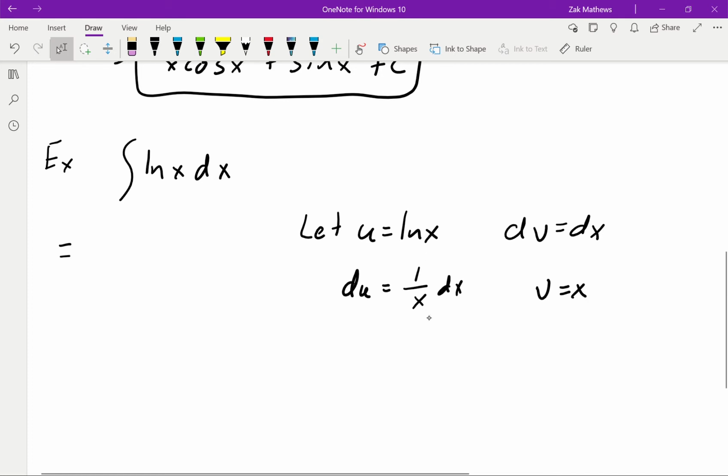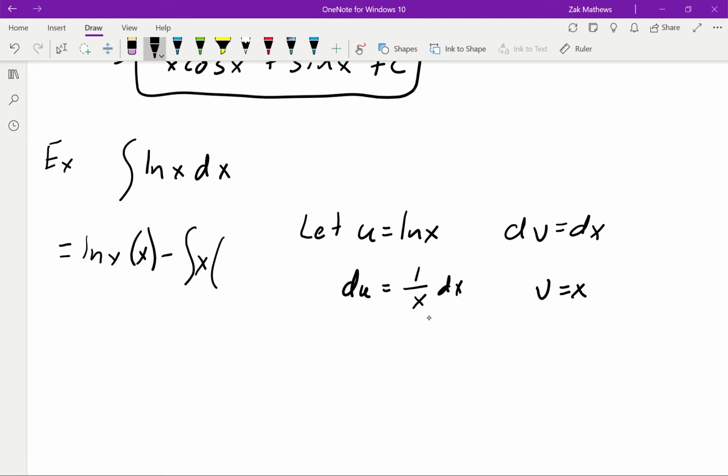So let's write this using our integration by parts formula. We would start with the u times the v, which is natural log of x times x, minus the integral of, then we would have our v function, which is x, and our du is 1 over x dx.